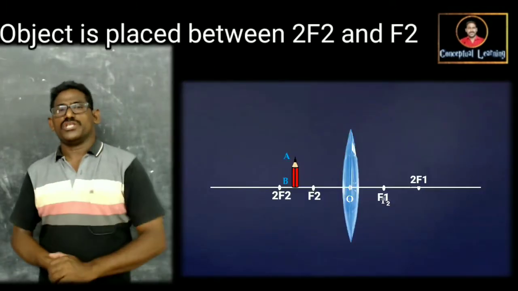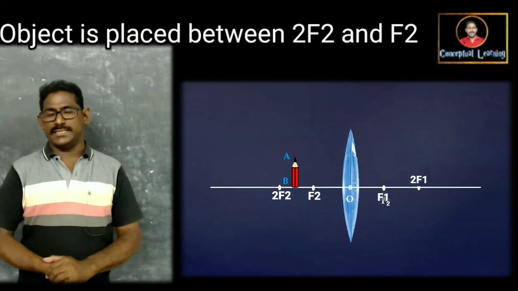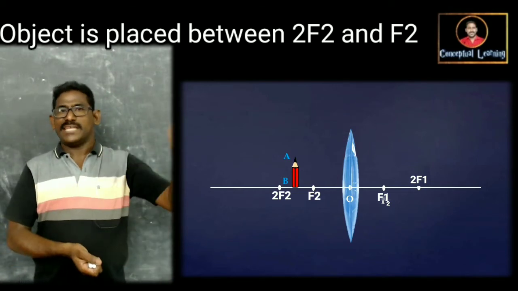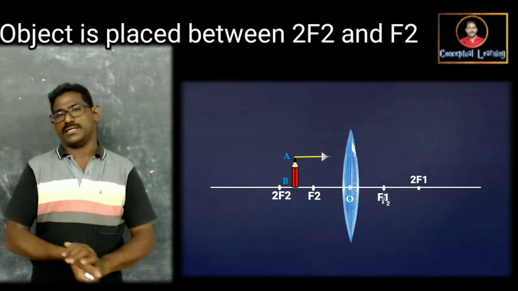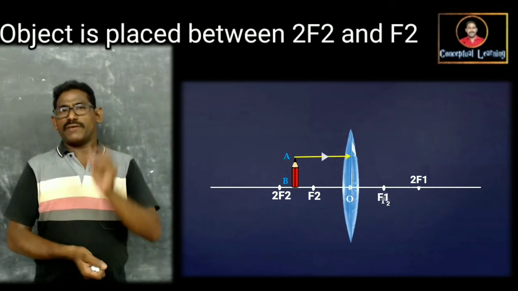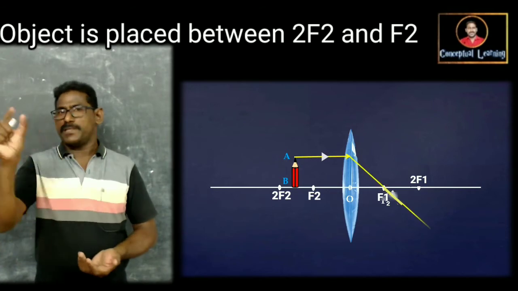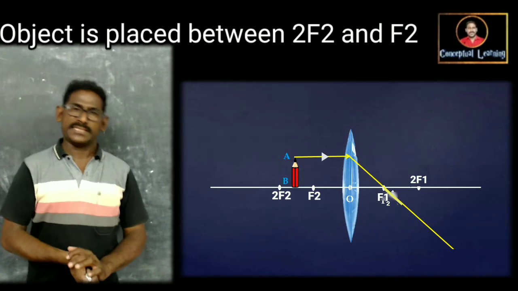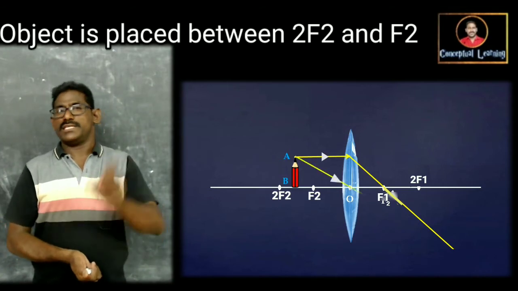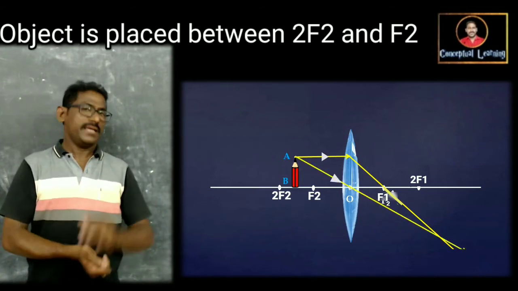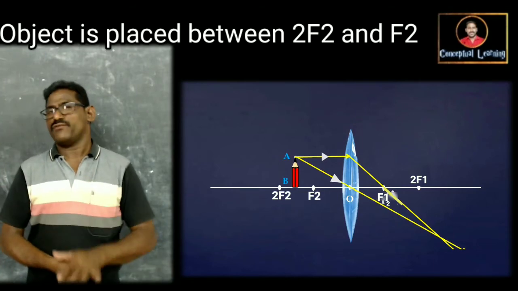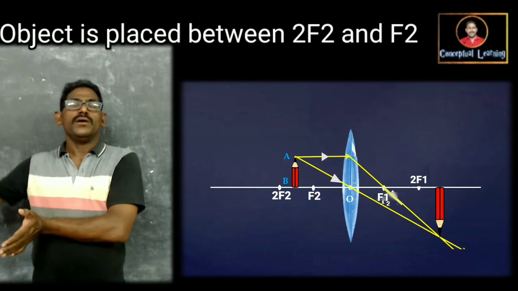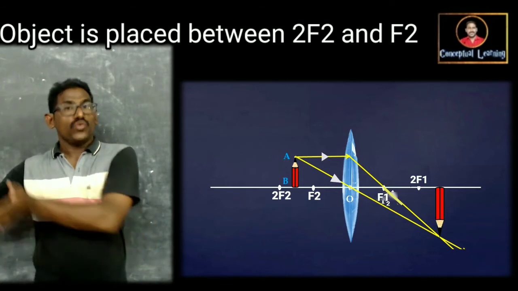Now the fourth position, if the object is placed in between 2F2 and F2, that means between the center of curvature and the principal focus. If you observe, the first ray, which is parallel to the principal axis, after refraction passes through the focus. In the same way, the second ray, which is passing through the optic center, is undeviated. After refraction, these two rays intersect beyond 2F1.